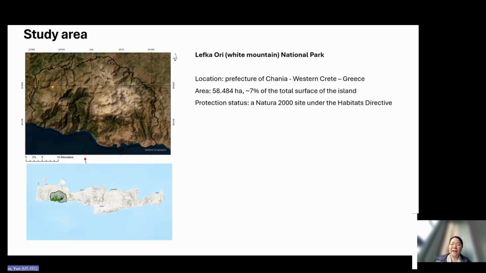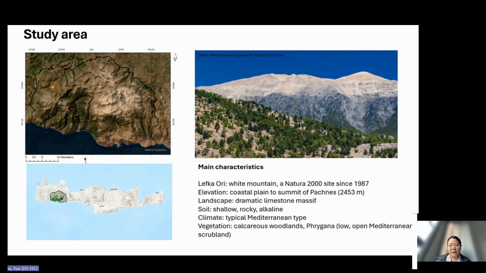It has been a Natura 2000 site since 1987. As you can see, it has some steep elevation rise, and the landscape is quite diverse. It has limestone, but also forests and grassland, which you will see later in the land use map.